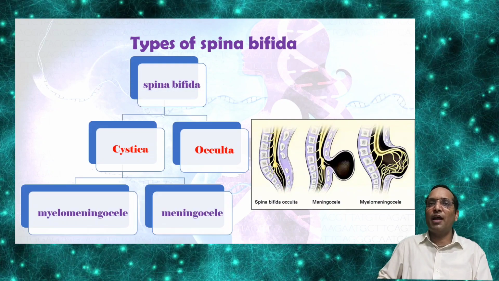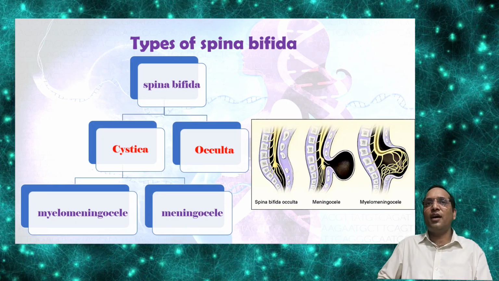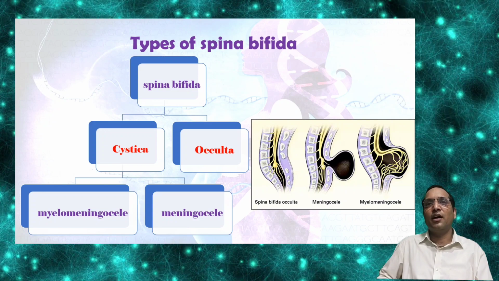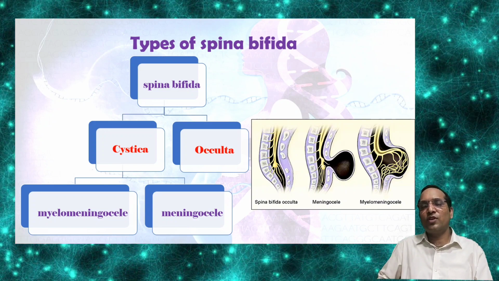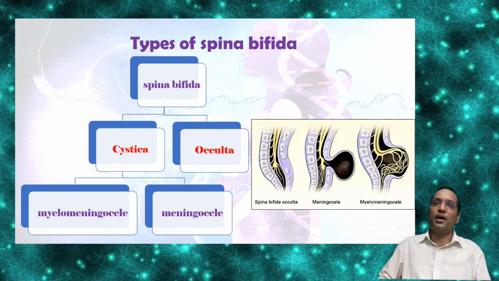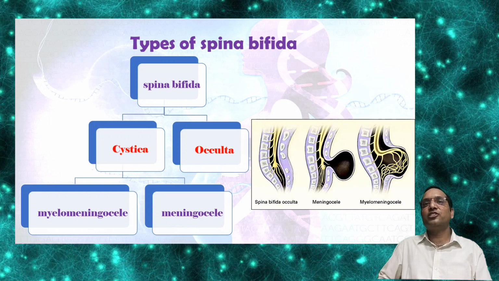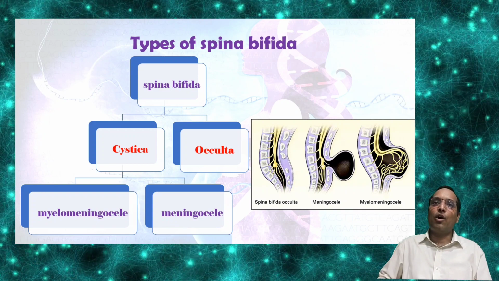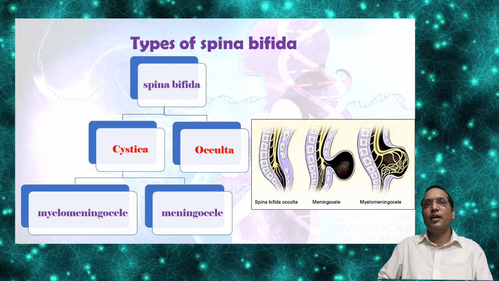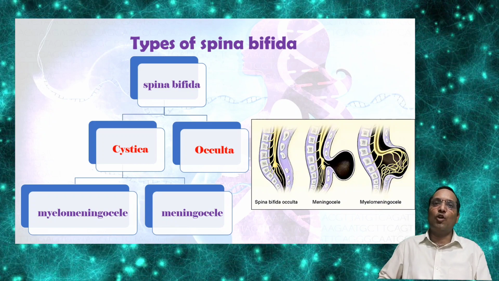The spina bifida types are spina bifida occulta and spina bifida cystica. In spina bifida occulta, you can see in this first picture, there is only a defect in the vertebra, there is no herniation of the membrane, and the spinal cord is intact. In cystica there are two types, meningocele and myelomeningocele.